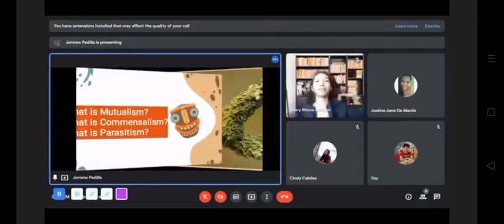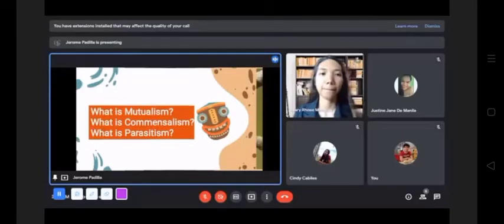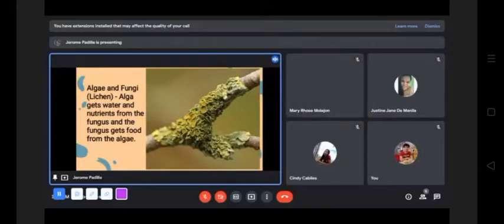Now let's proceed, so you will be able to understand more. I have a few situations where you are going to identify if it is mutualism, commensalism, or parasitism. Algae and fungi, or the lichen. The alga gets water and nutrients from the fungus, and the fungus gets food from the algae. What is this symbiotic relationship, Ma'am Mary Rose?